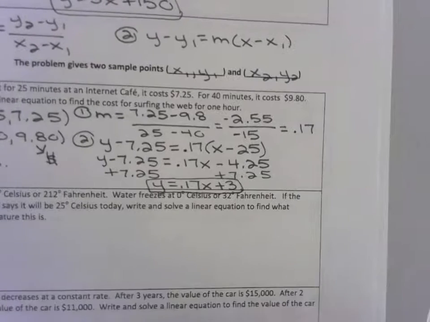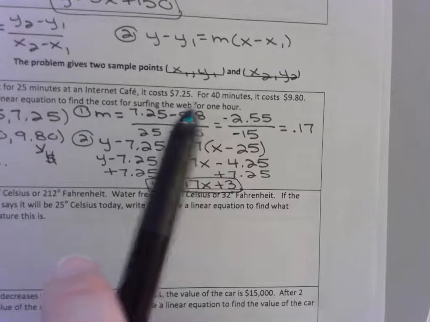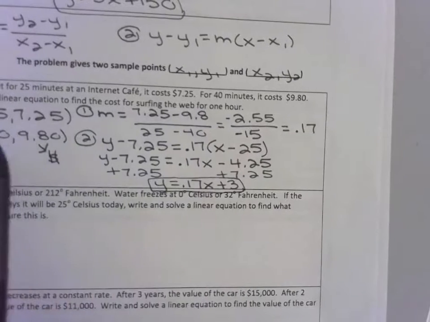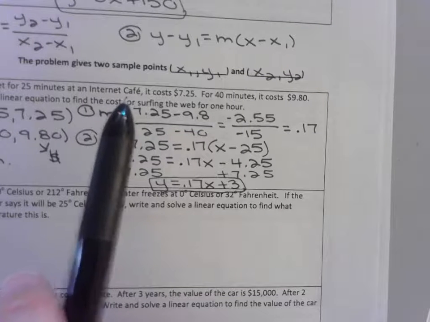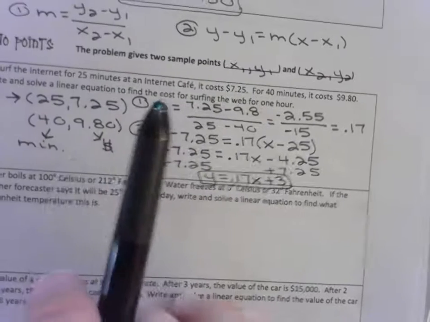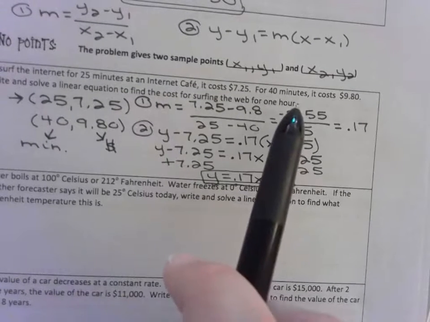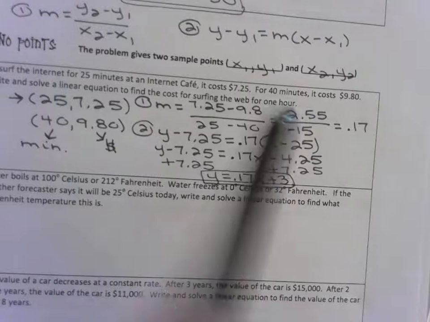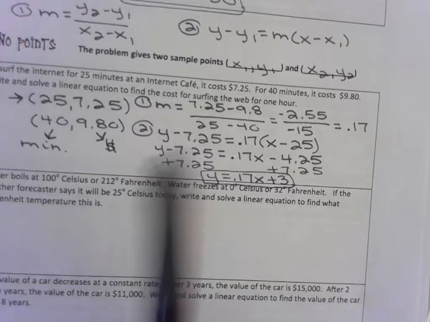Now I still need to solve it. I want to solve the equation to find the cost for surfing the web for 1 hour. So if I want to find the cost, do I want to know x or y? I want to find the cost. What represented cost? I want to know y when x is what? Be careful, the same issue came up with number 3 on the homework.